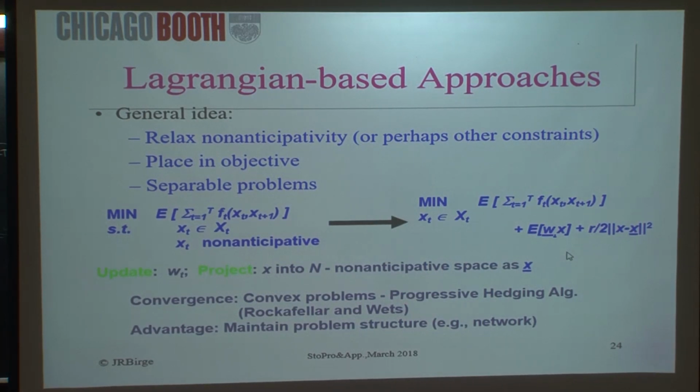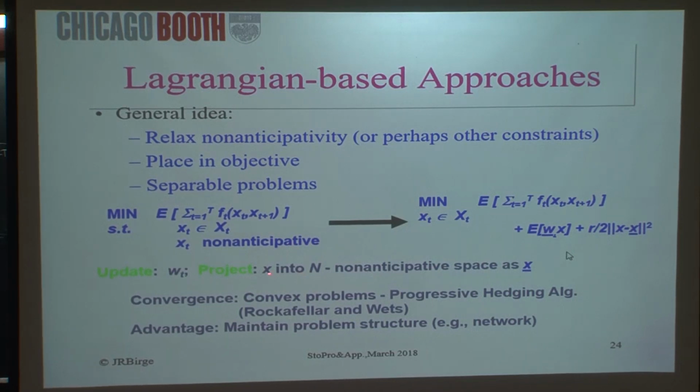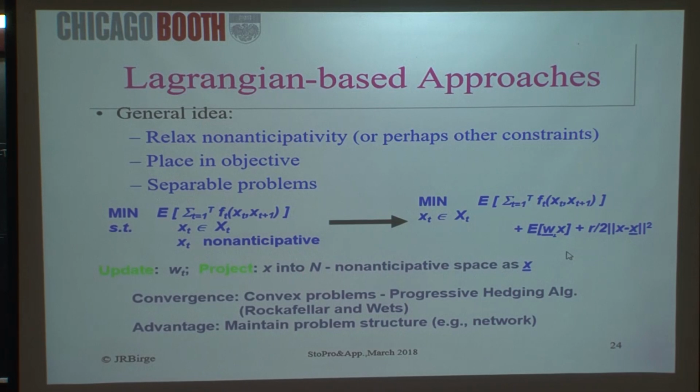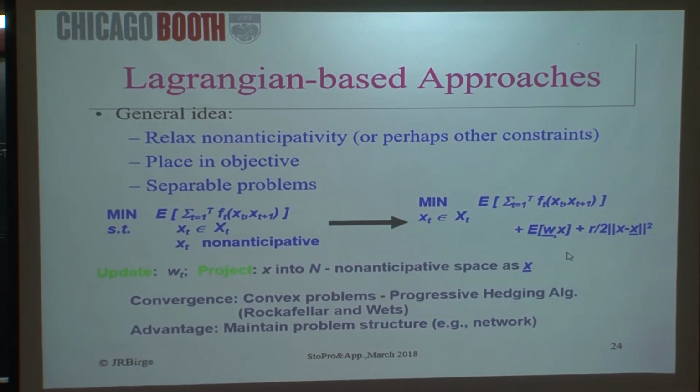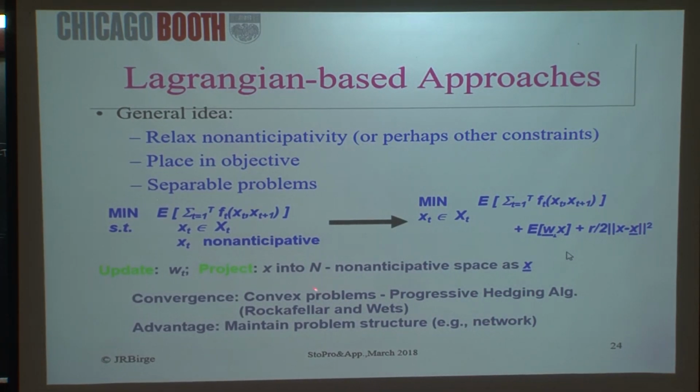Because a violation of non-anticipativity is that their value conditional on the current information is different for different future realizations. So I just take their conditional expectation with respect to the current information. Once I do that, I get a value here that's feasible, and I plug that into this model.